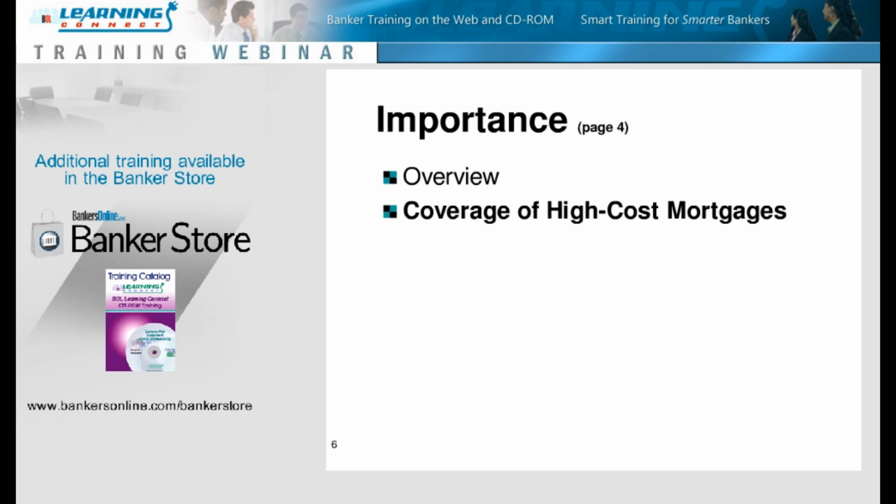So there are two definitions of points and fees, or two ways to calculate it, I guess I should say. One is under 1026.32(b)(1), and that's for closed-end credit, and 1026.32(b)(2) is for open-end credit. So you want to use the correct one, although, as Jack will explain, they're substantively similar, virtually identical except for two things.